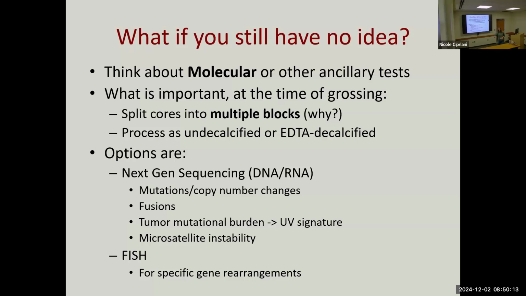Because if you have tumor adjacent to bone or tumor in bone or calcified and non-calcified portions of tumor, you always want to isolate some of the non-calcified non-osseous tumor for non-decalcified tumor sections. So if you can take any non-decalcified, take it.